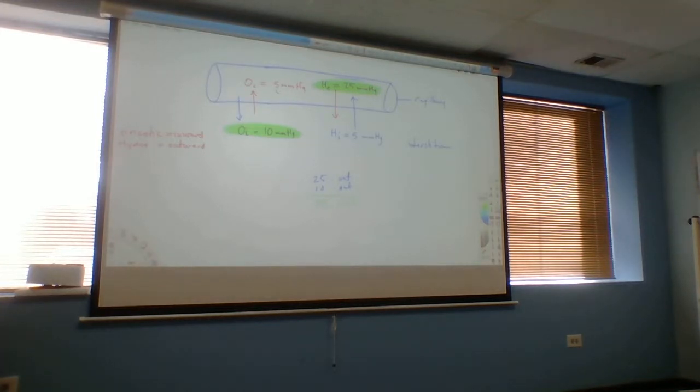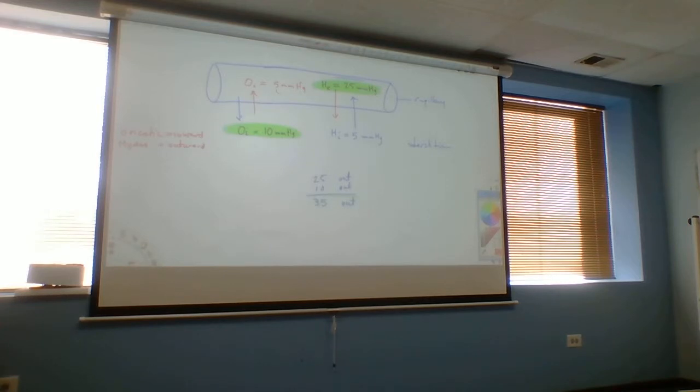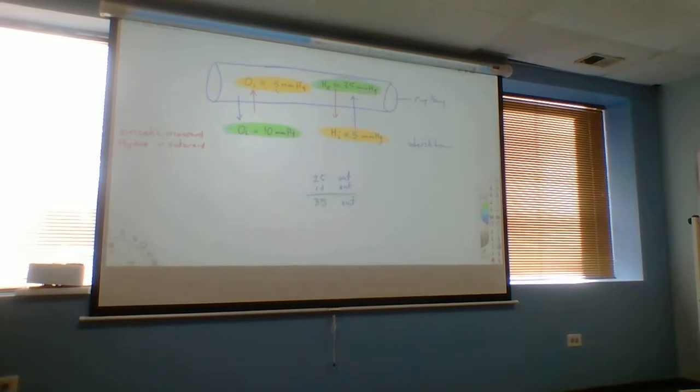So the pressure pushing fluid or material out is 35. And let's go to the pressure in. So look, the pressure in is in yellow. 5 and 5. That's not much.